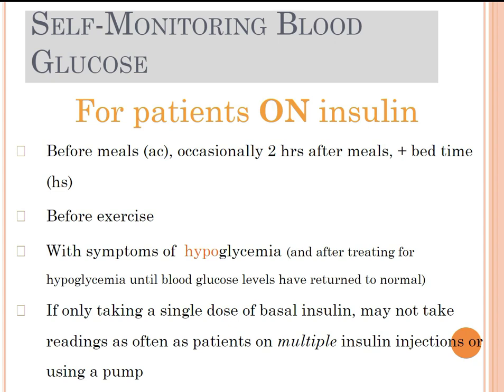And once they've treated for their hypoglycemia by taking, say, a glass of orange juice, they'll continue to take their blood glucose levels until those levels have returned to normal, to make sure that they do return to normal. And if the person is only taking a single dose of basal insulin a day, they may not take readings as often as patients on multiple insulin injections or who are using a pump.